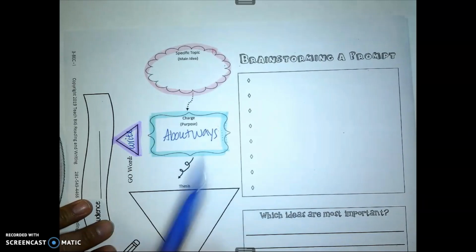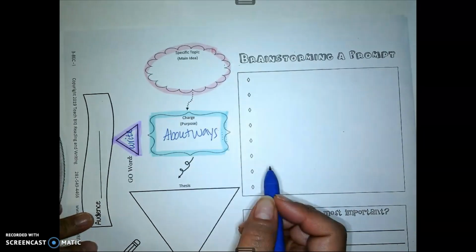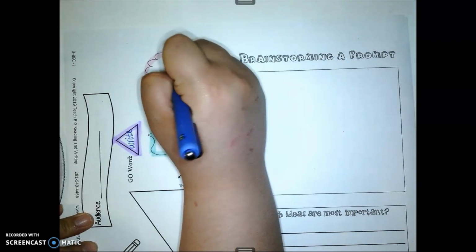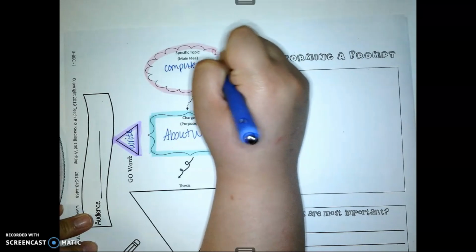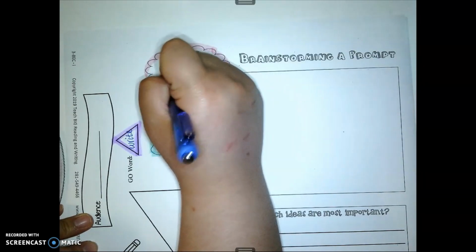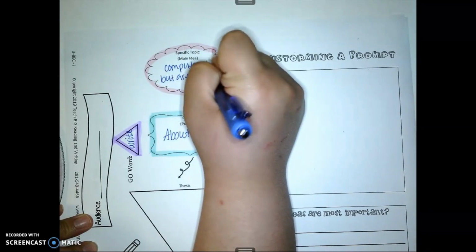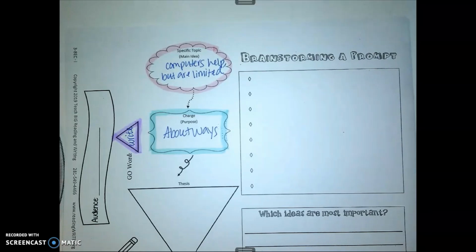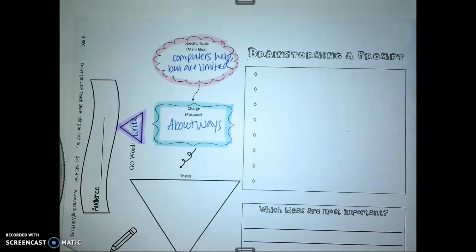Write about ways, and to make a long topic short, I'm going to put computers help but are limited. Okay, computers can help, but they are limited. So make sure you fill out those boxes right now. If you need to pause the video to fill them out, go ahead and do that.